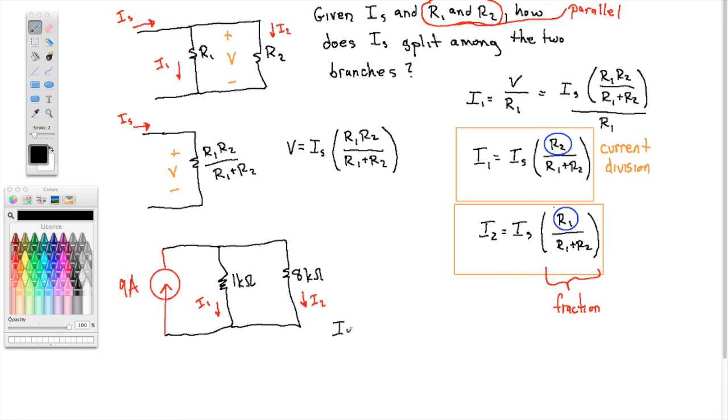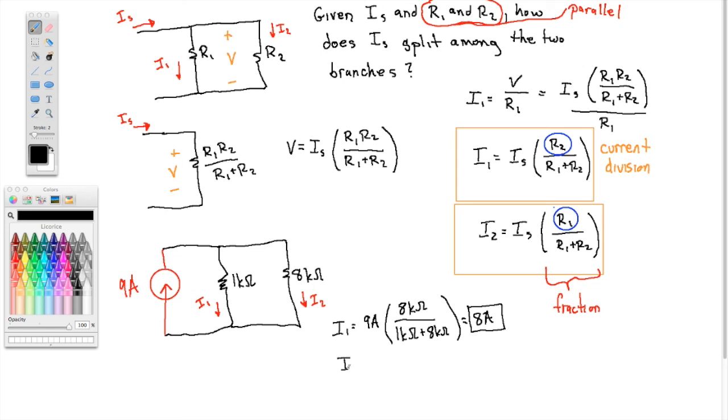I1 is the source current, 9 amps, times the resistance that we don't want, right? 8 kilo ohms divided by 1 kilo ohm plus 8 kilo ohms. So that's 8 amps.